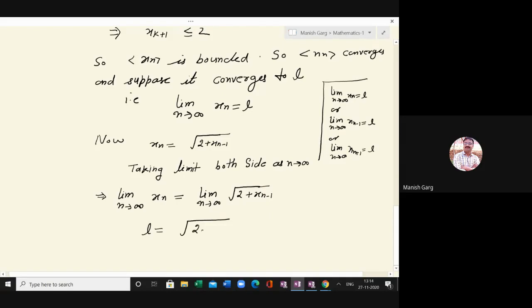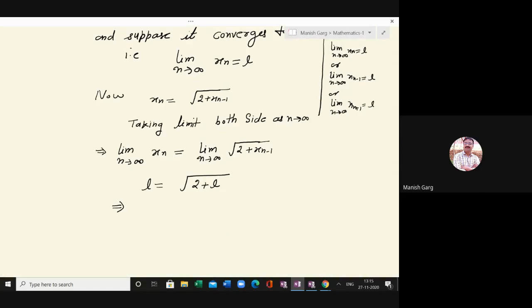So this will be L equals the square root of 2 plus L. If you solve this, take the square and factor, the answer is L equals 2 and minus 1.